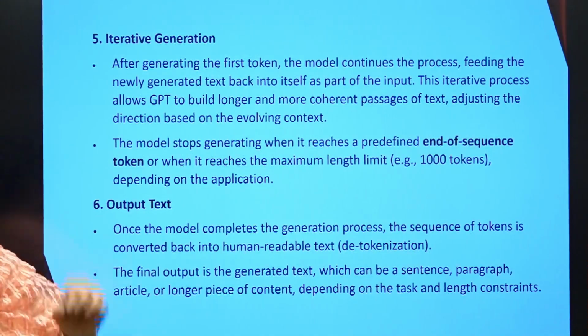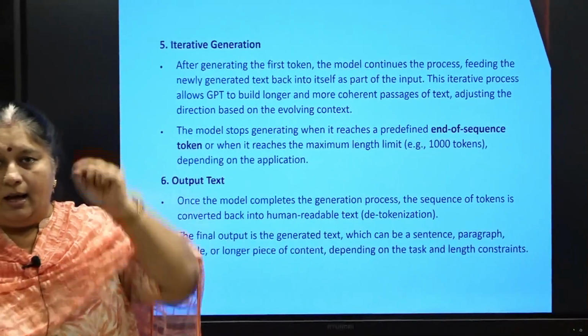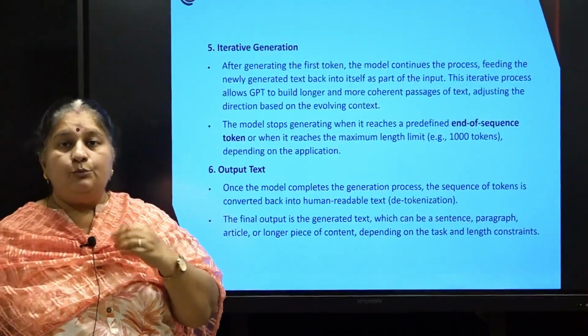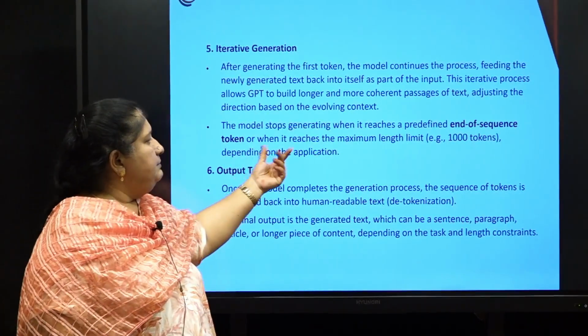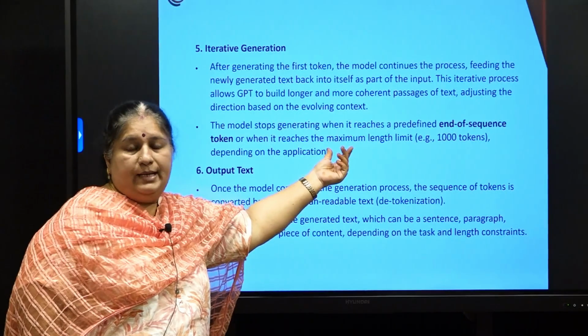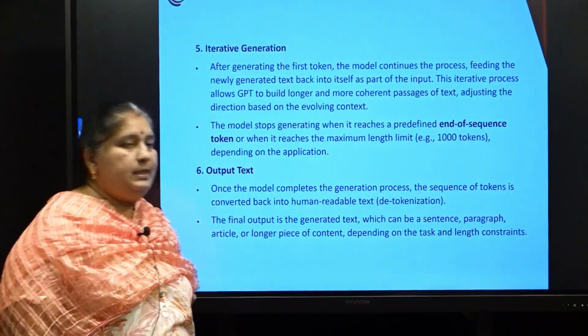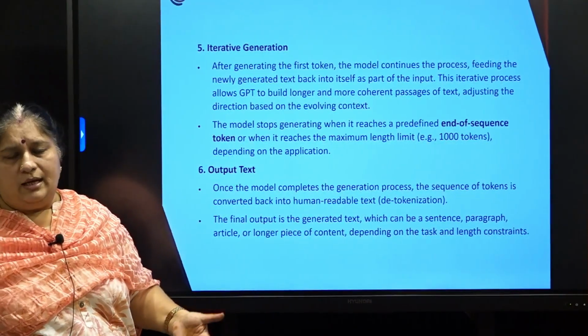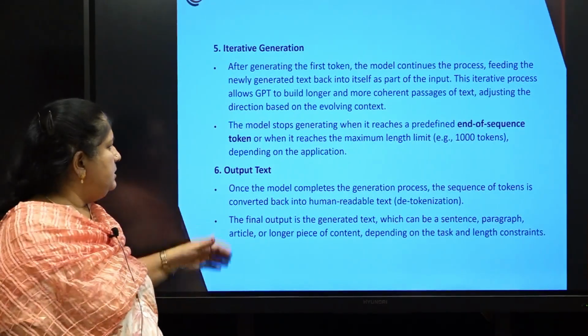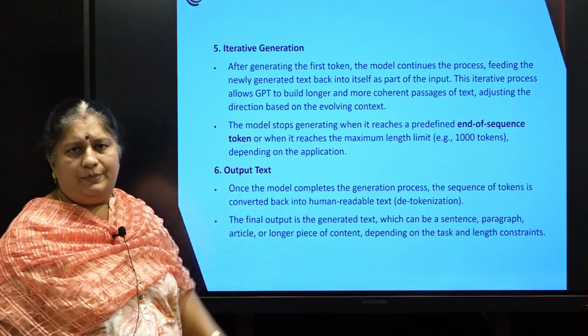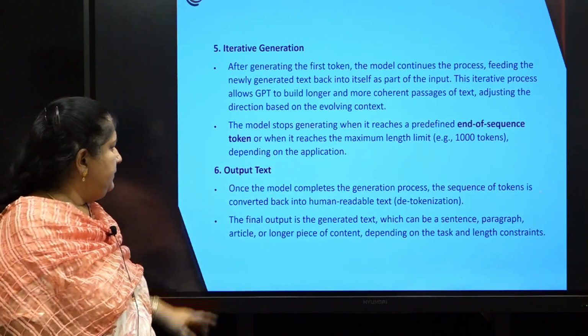In my example, the cat sat on the mat, I put a full stop. Maybe that would be the end of the token generation. Otherwise, sometimes it stops when it reaches a maximum length limit. Most of the time, generally it is 1000 tokens. That is the example, right? Depending on what type of application we are trying to use.